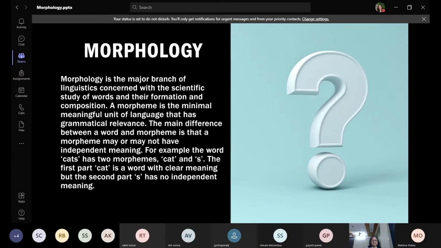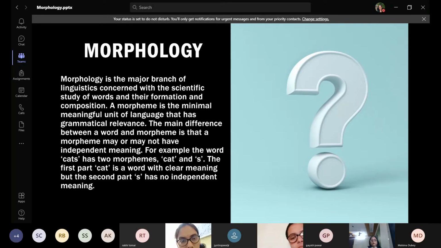This study is scientific, that means it is objective, it is factual. That kind of scientific study of language is morphology. Morpheme, as described so far, is a minimal, meaningful unit of language that has grammatical relevance.